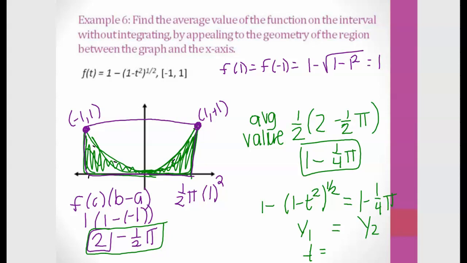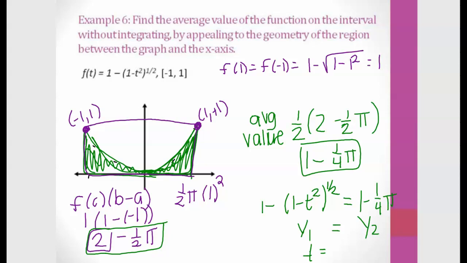I would change my window to be -2 to 2 so that I wasn't looking anywhere crazy. And again, if I can predict my average value is somewhere around 0.75, you can make your y values like 0 to 1. So I see that original curve that we drew up on the board in green. And then I can see that the average value crosses that blue curve twice on my interval.